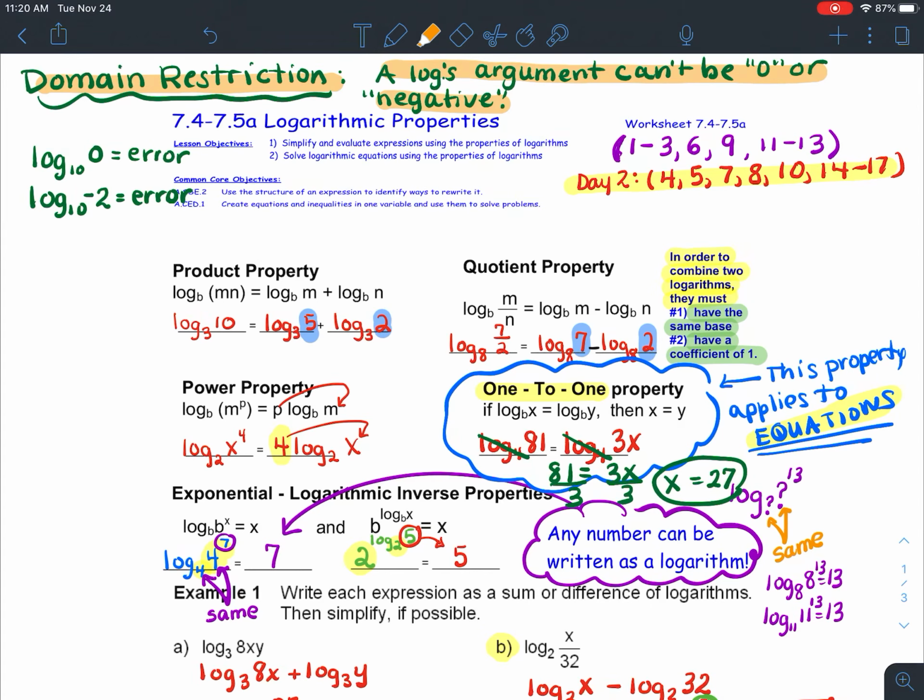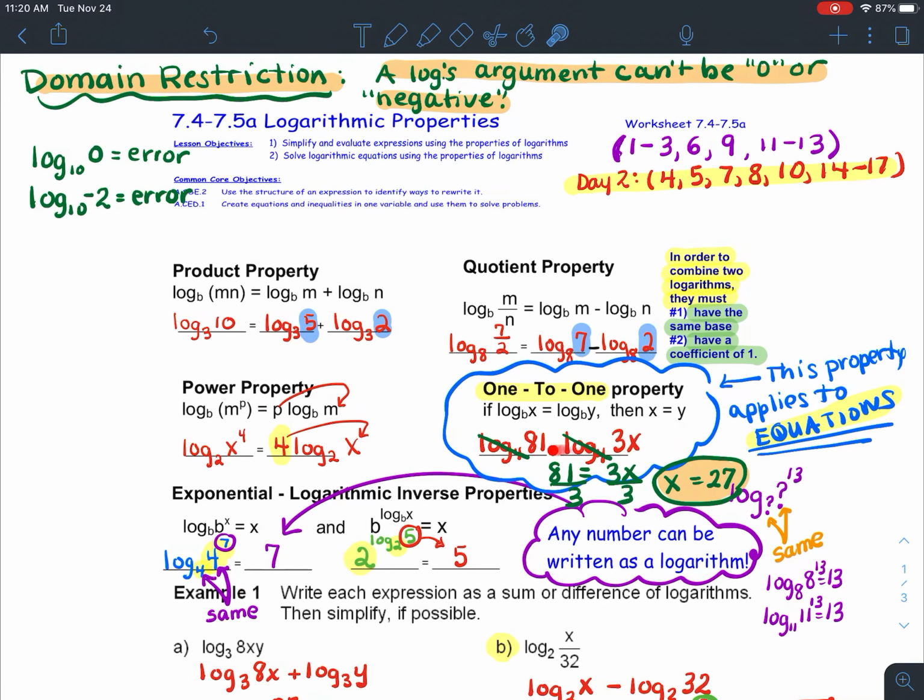So when you are solving these equations and you get to the end, we'll go back to this example we just did here with the one-to-one property, and you get your answer that x would equal 27. What you have to do before you technically circle that as your answer is you need to take 27 and ask yourself if you were to plug it back into the original problem where the logarithms were still there.